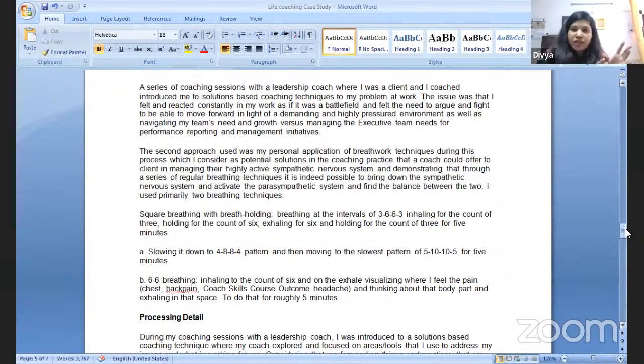Changing the pattern of breathing. So that is happening. In this way, the person is getting benefit from breathing pattern and visualization. His thought process gets changed. Very true. Yeah.